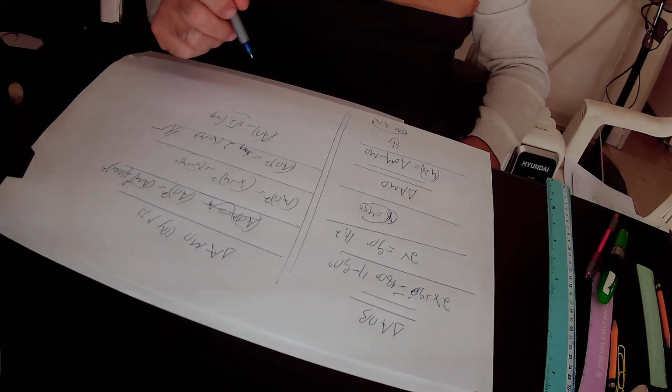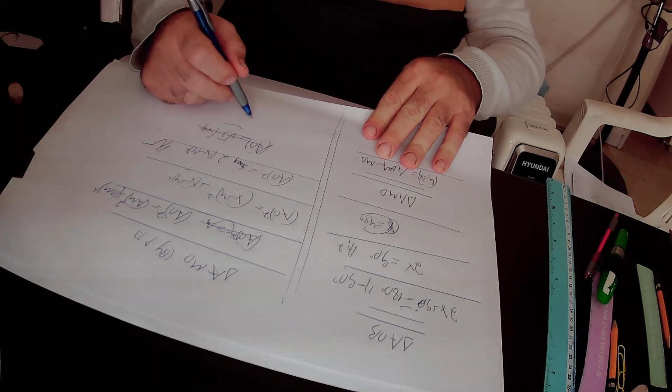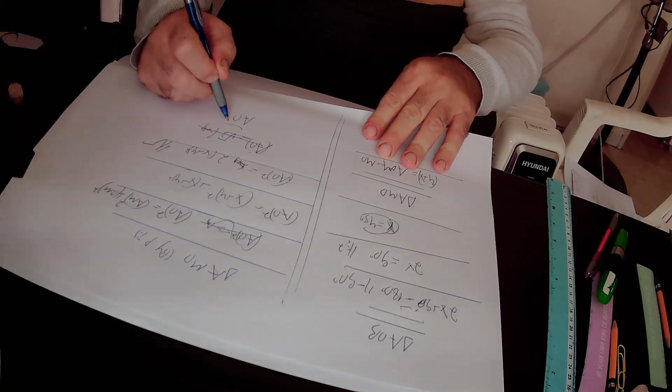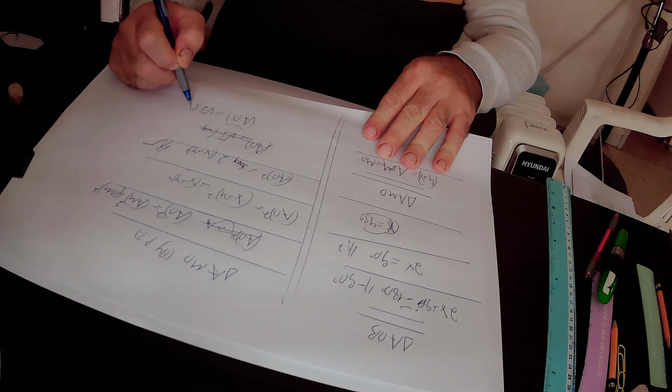So AO equals the square root of 2 times (x plus 4).